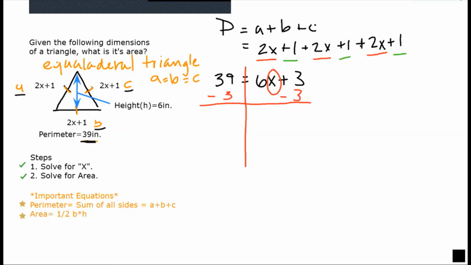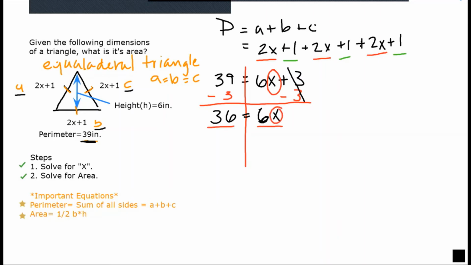Now, these are going to cancel out. And 39 minus 3 is simply 36, which is equal to 6x. And now we need to get x all by itself. How do we do that?